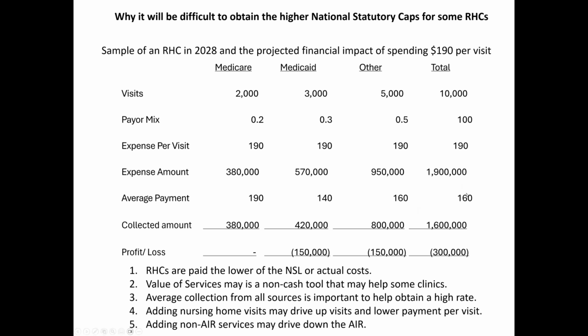And on average, it actually averages up to $160 per visit when we average these three together. And as you can see, we collect 1.6 million. We actually lose $300,000. And the reason is our other payers are not paying us at $190 per visit. So that's the reason why this math doesn't work.